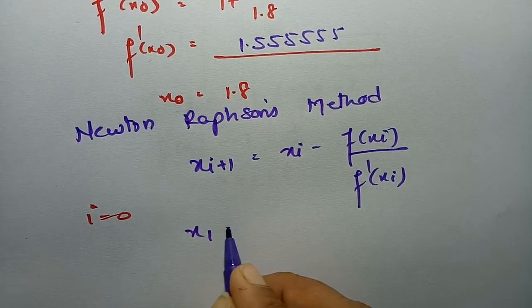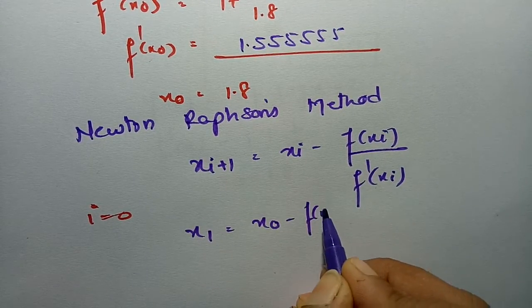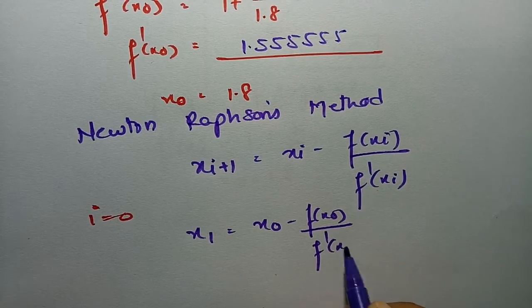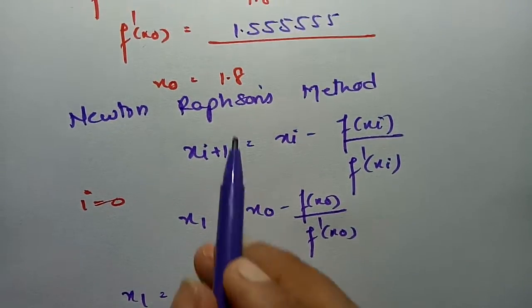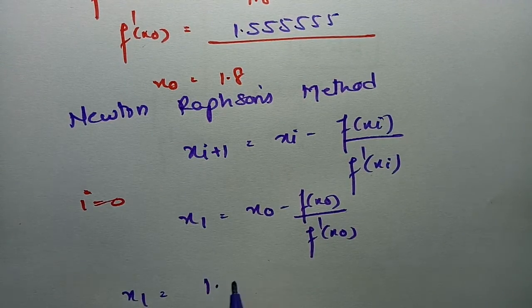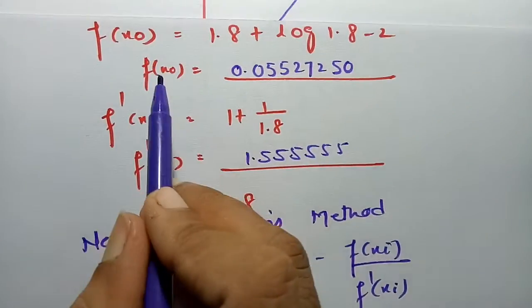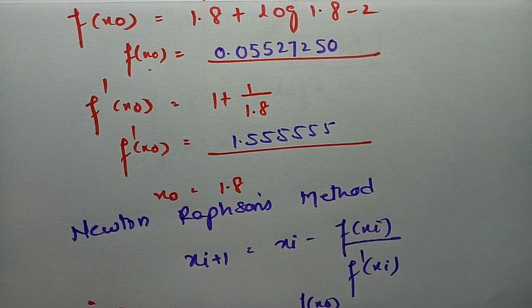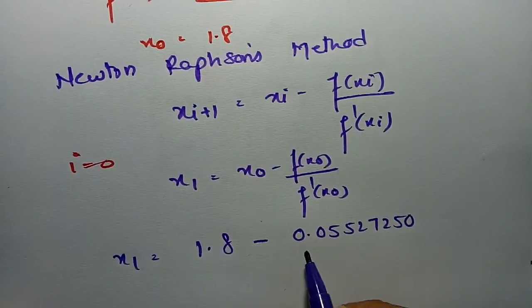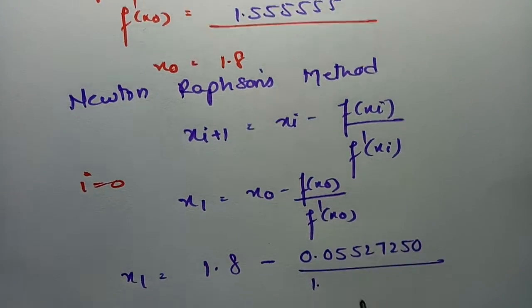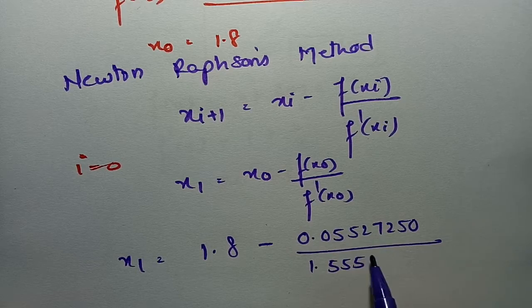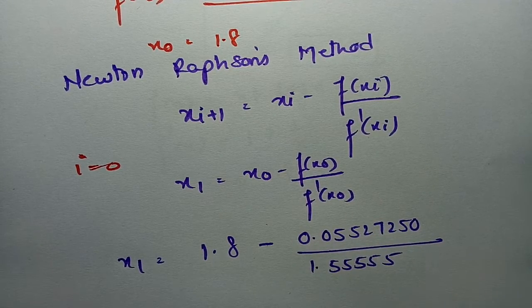This will be x1 is equal to x naught minus f at x naught by f dash at x naught. So all the values are ready here. So x1, what is x naught? x naught is nothing but 1.8 minus f at x naught. F at x naught value is nothing but 0.05527250, and f dash of x naught is nothing but 1.55555 and so on.